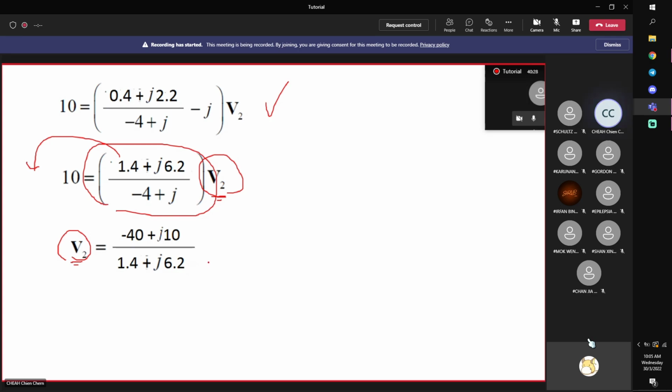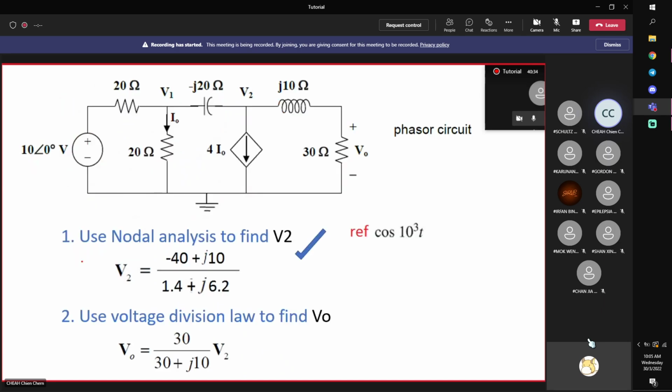And here, no need to simplify anything first. Just leave it, because my answer is not V2. Remember, I used nodal analysis to find V2. Now I found V2. I still need to use the voltage division law to find V0. V0 is actually what I want. V0 is the portion of V2 according to the ratio of the impedances, Z1 divided by Z1 plus Z2.